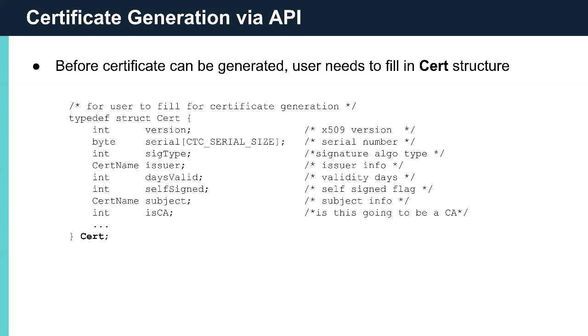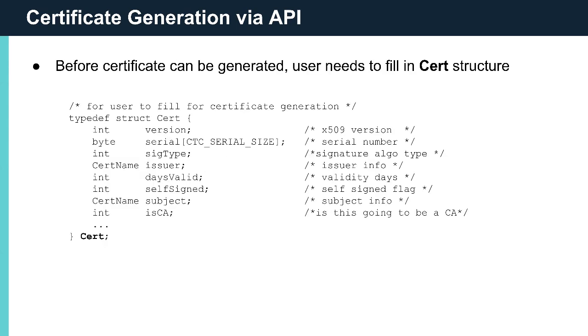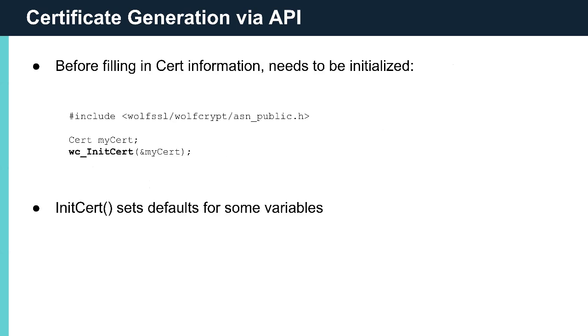You can see some of the members here closely map to what we saw in the certificate textual representation. There's a CertName structure that represents the issuer and the subject, and that structure has fields you would fill out for all of the cert name information like country, state, locality, etc. When we're generating the cert, we need to initialize the structure first with wc_InitCert.